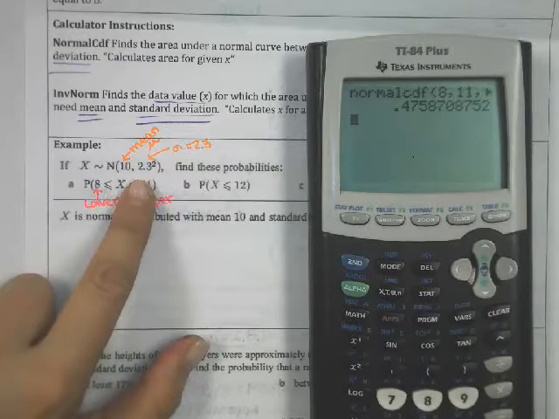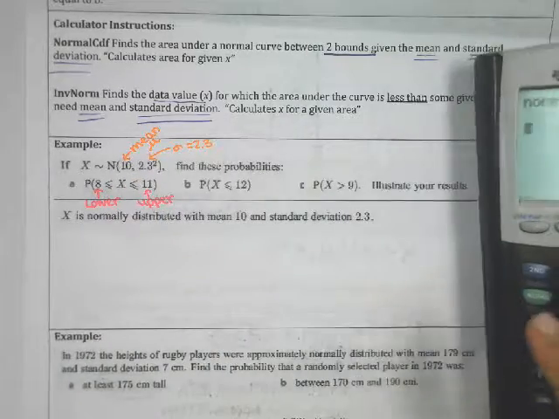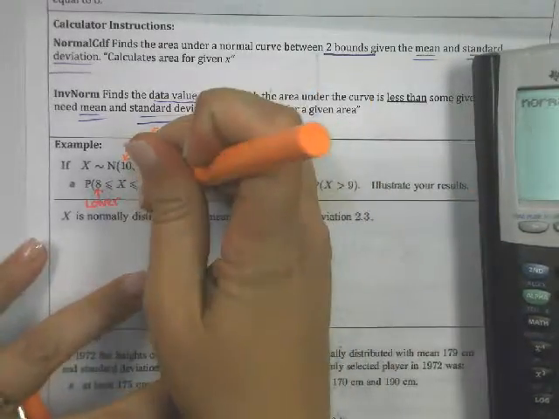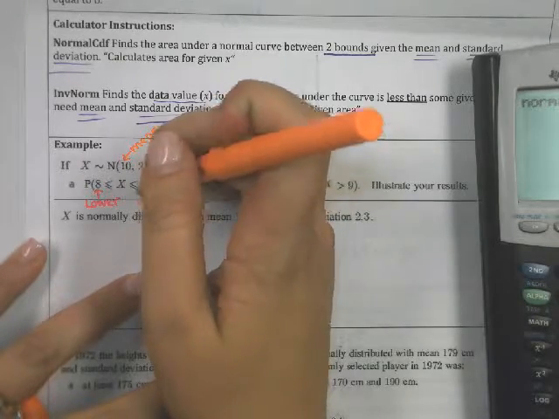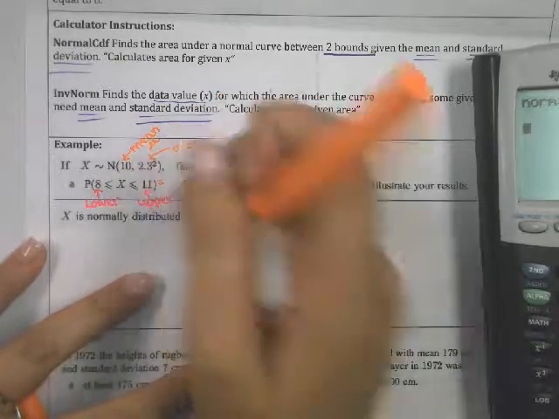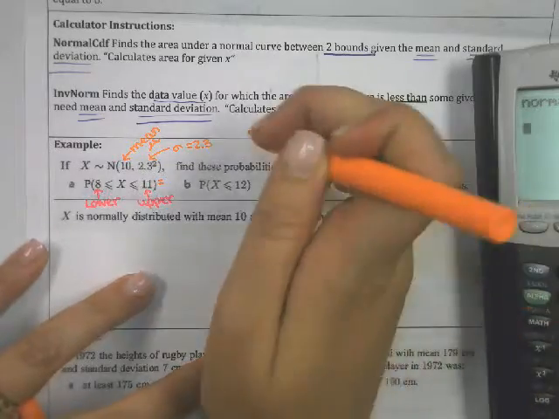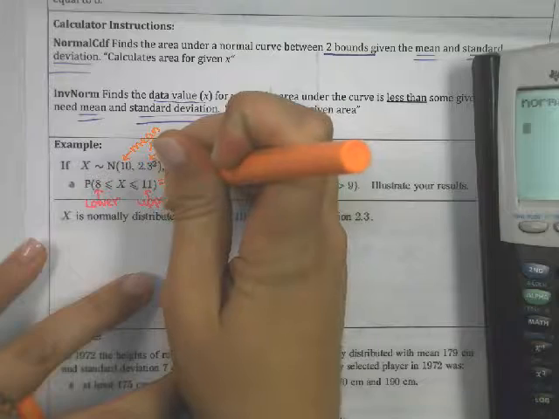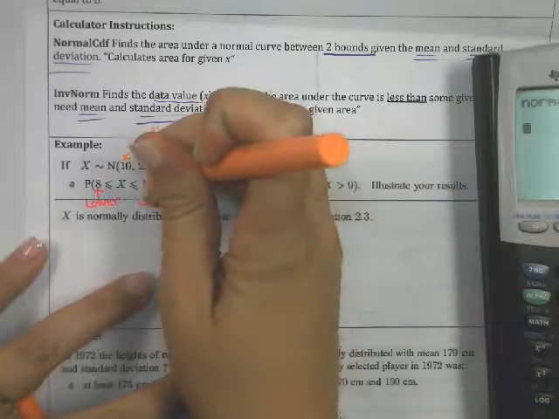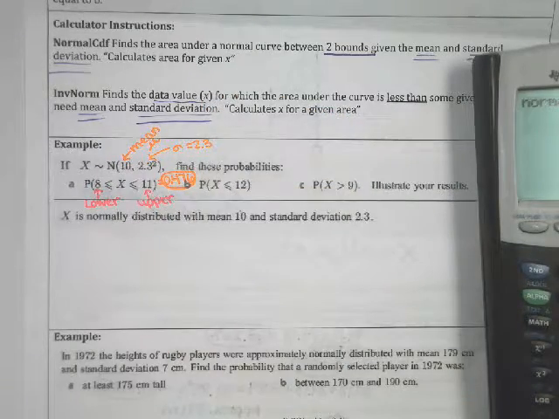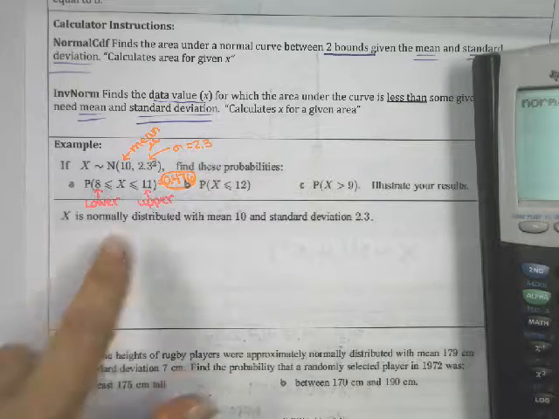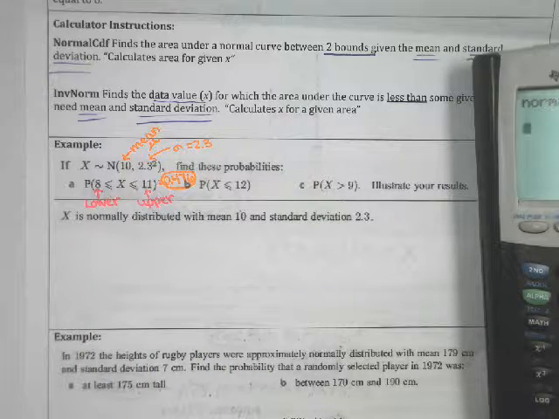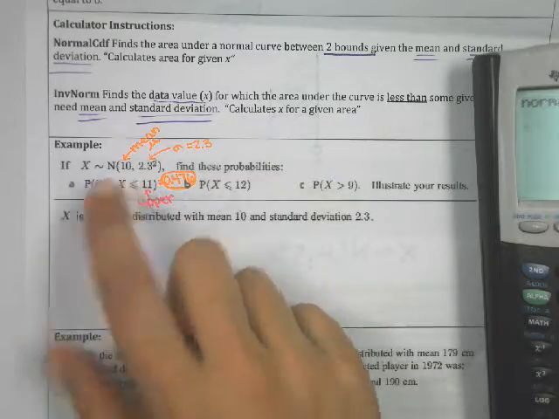Paste, enter, and it'll give us the percentage. So this says 0.4758, so you could write it as a percent or as a decimal. It says probabilities, so we'll write it as a decimal instead, 3 sig figs, so 0.476. That means about 47.6% of data is between 8 and 11. Kind of makes sense that there should be quite a bit of data since 10 is our mean.